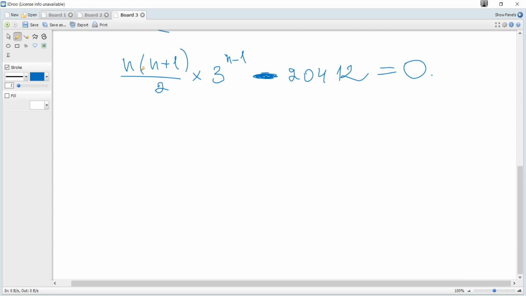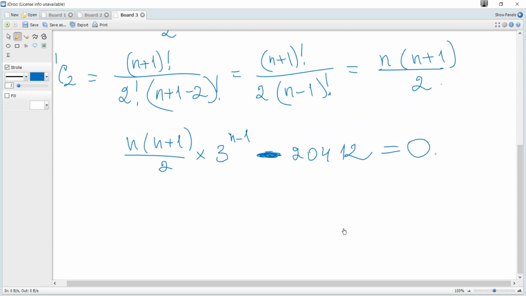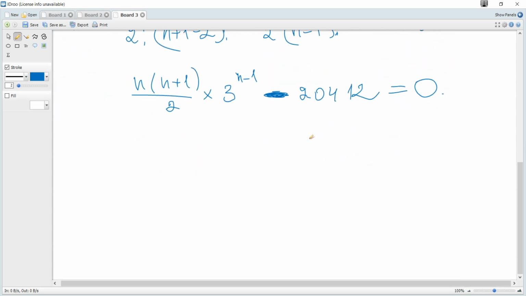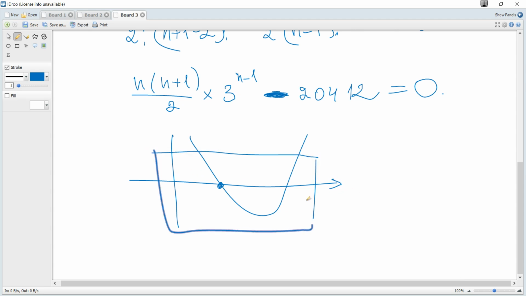So you plot this graph, and n is a positive integer, so n is positive. We don't need to consider negative values, and it will be x values on the calculator. And since we consider it equal to 0, you need x intercepts, and the window for y may be any value, so that y equal to 0 must be included.